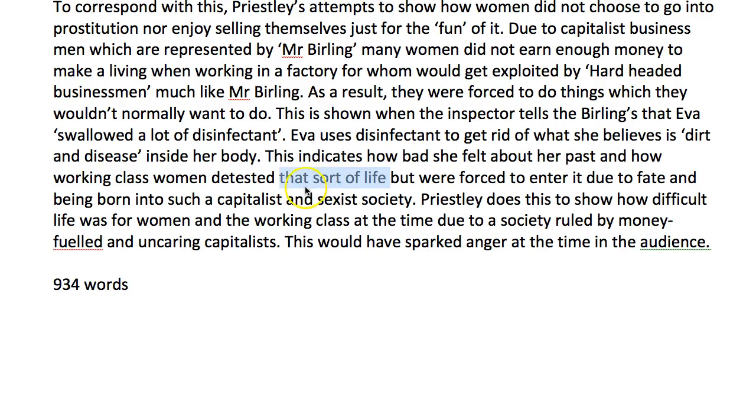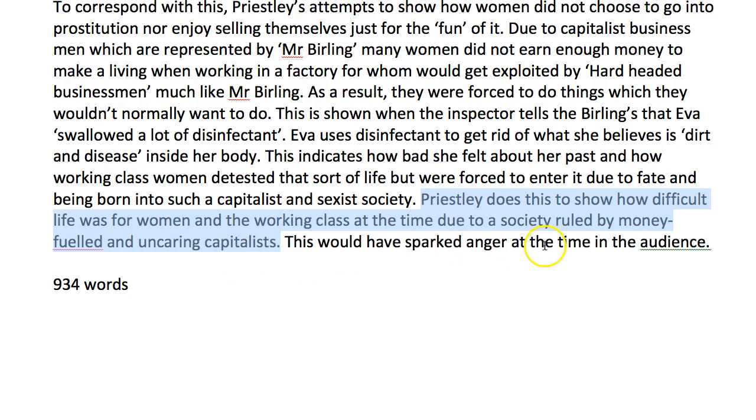In which case, be specific. This is, again, general. Priestley does this to show how difficult life was for women and the working class at the time due to a society ruled by money-fueled and uncaring capitalists. Now, that's a delightful sentence. I'm really pleased to see that in your conclusion.